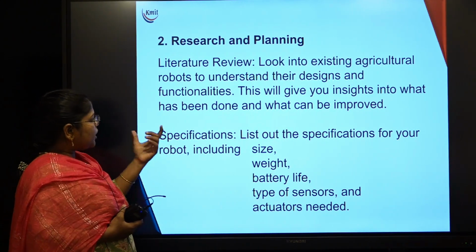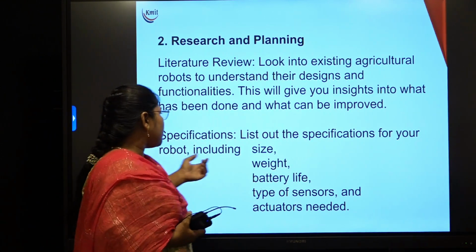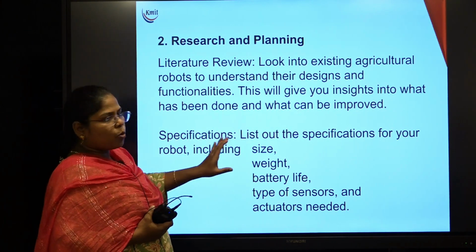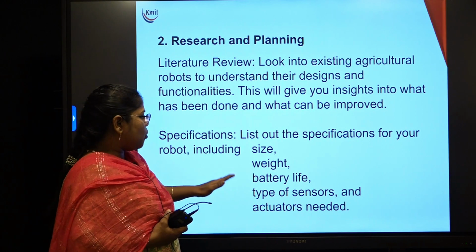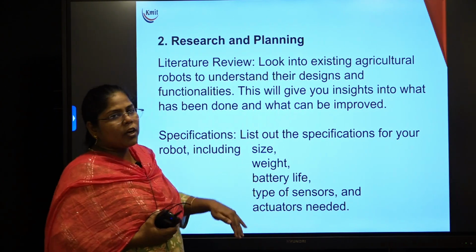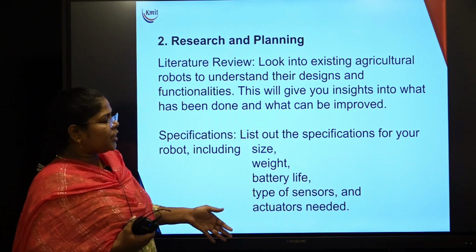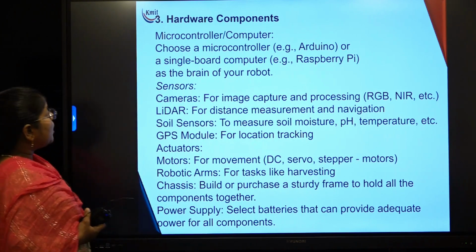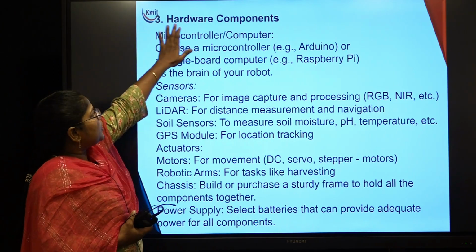So next one is specifications. List out the specifications of your robot: what should be the robot size, what should be the weight, what should be the battery lifetime, what types of sensors we need, and what actuators are needed to design the robot. Those are the specifications that we want. The third thing we need is hardware components.